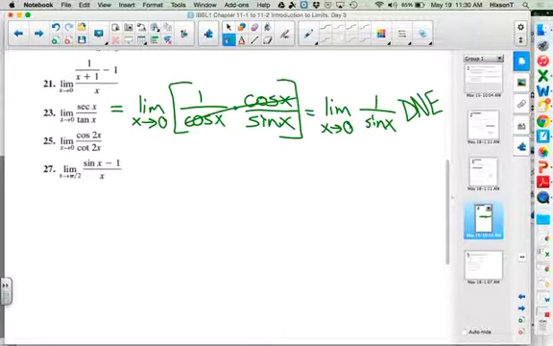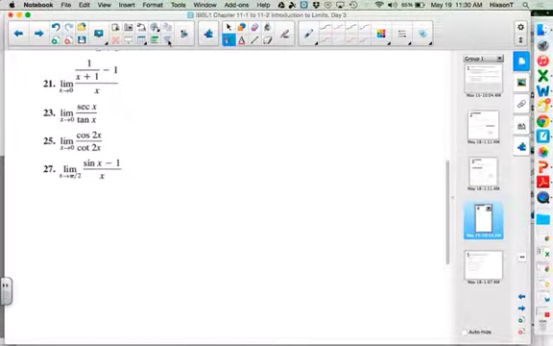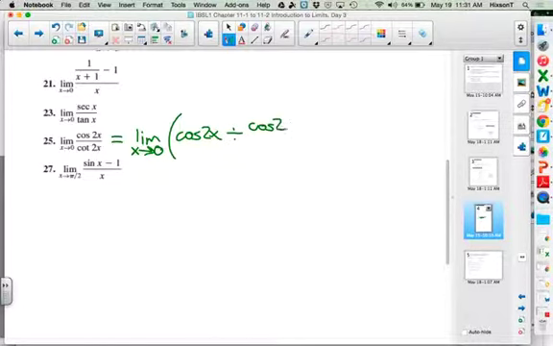Alright, let's talk about cosine of 2x over cotangent of 2x. What is cotangent? Cosine over sine, so it's cosine of 2x over sine of 2x.